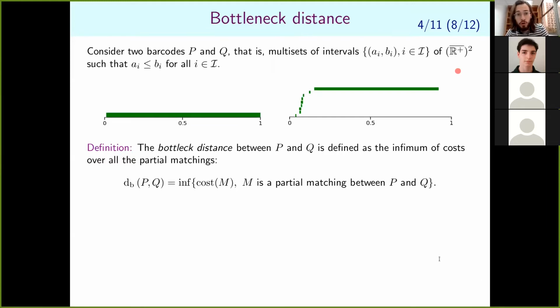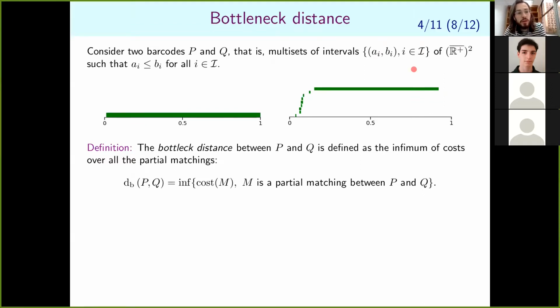This is because we may have infinite intervals, and these infinite intervals, if you cannot match them with infinite intervals in the other barcode, then we have infinite cost. So this is an extended metric, and it's a pseudo metric because you may have two barcodes with distance 0, though they are not the same.